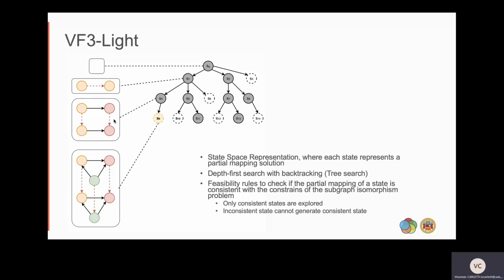The search for the solution is performed through a depth-first search with backtracking, and a set of rules is used to avoid exploring states that are not consistent with the constraints of the subgraph isomorphism. In this case, state S9 is a solution, a goal state, one of the states we want to find.